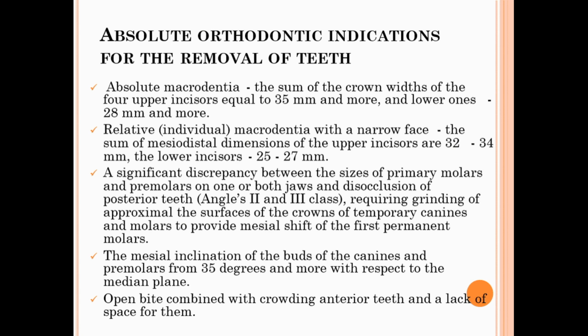Absolute orthodontic indications for the removal of teeth. Absolute macrodentia. The sum of the crown widths of the four upper incisors is equal to 35 millimeters and more, and for lower ones 28 millimeters and more.